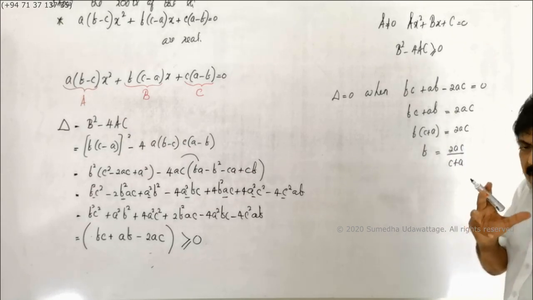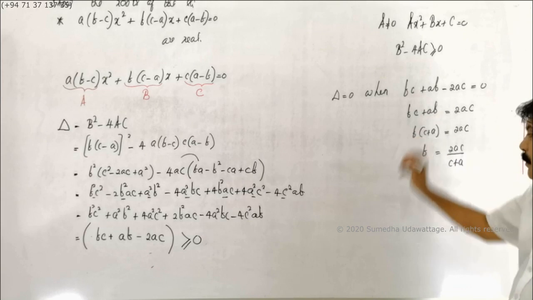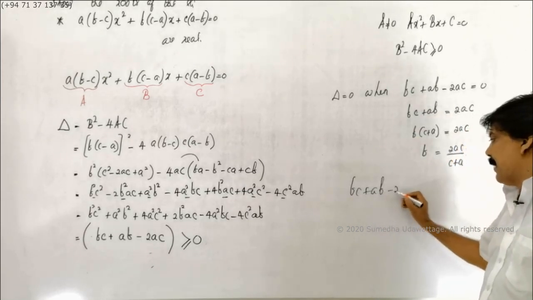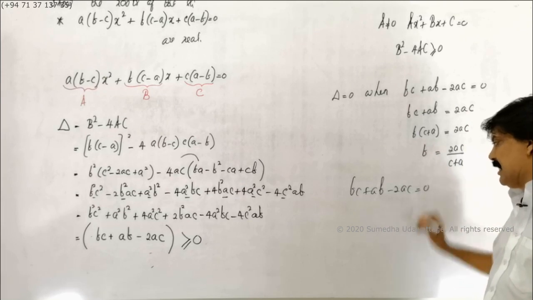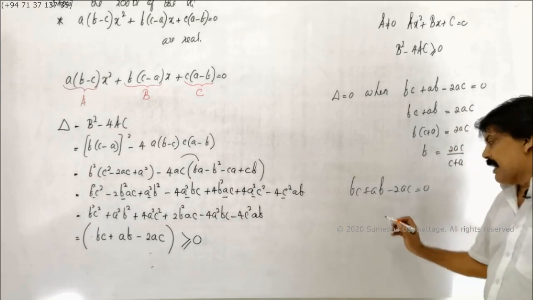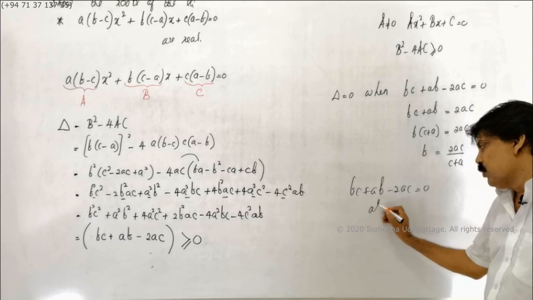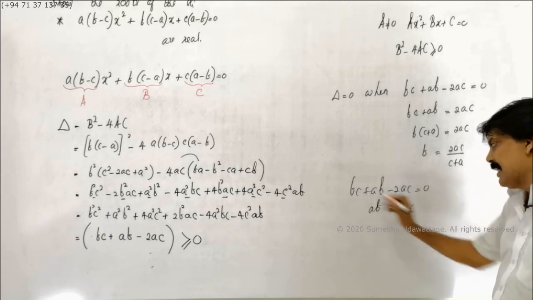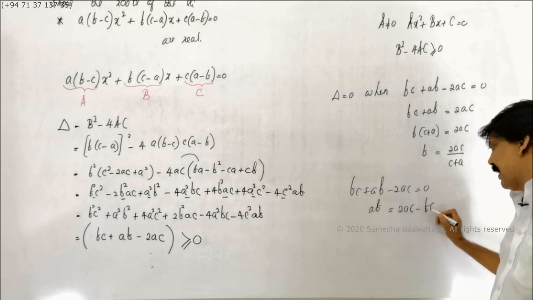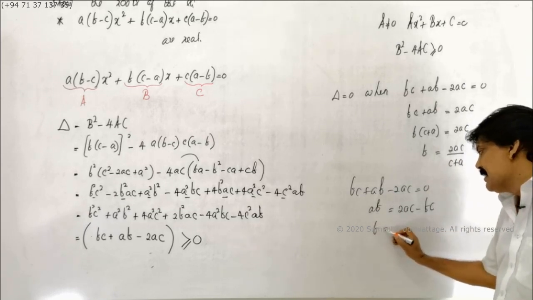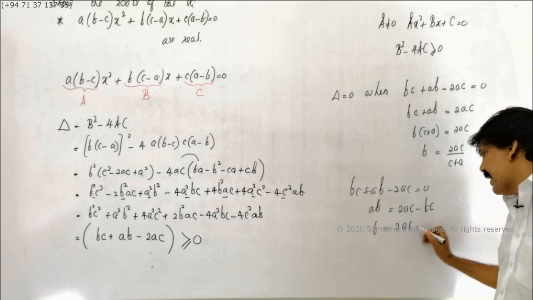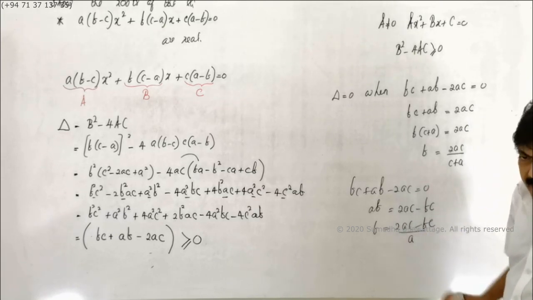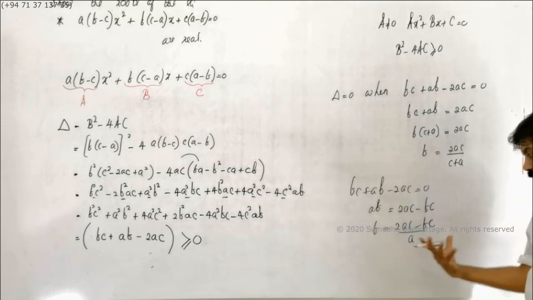Now if you are new to the subject, you may ask me, if BC plus AB minus 2AC is equal to 0, can't we make something like this? AB is equal to 2AC, going to the other side, BC minus, then B is equal to 2AC minus BC divided by A. Can't we take a condition like this?